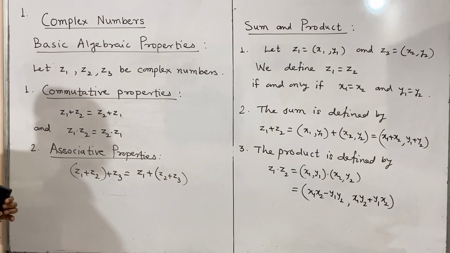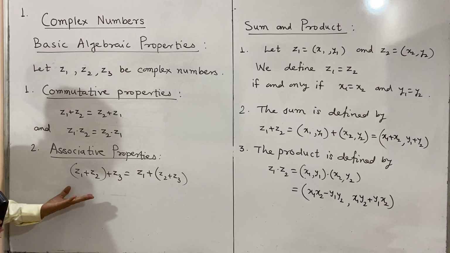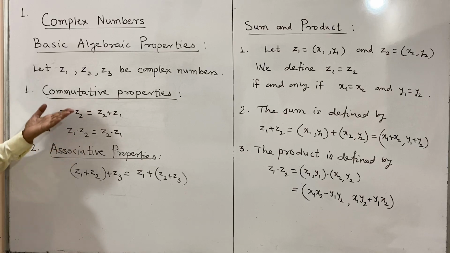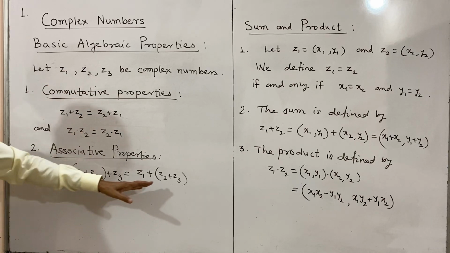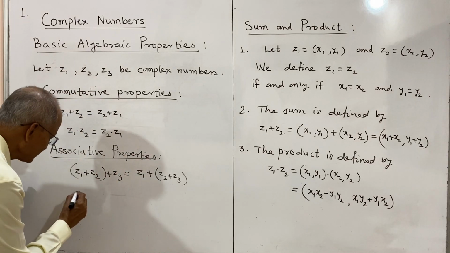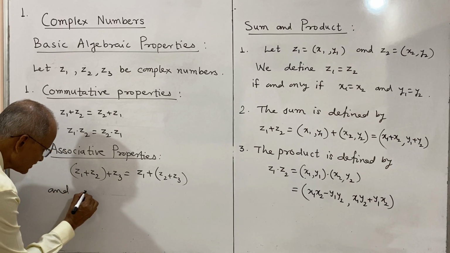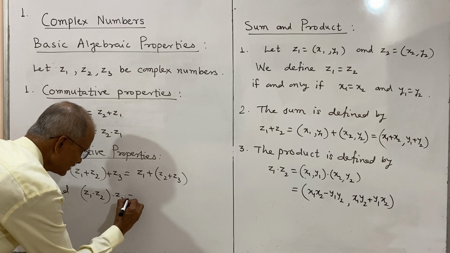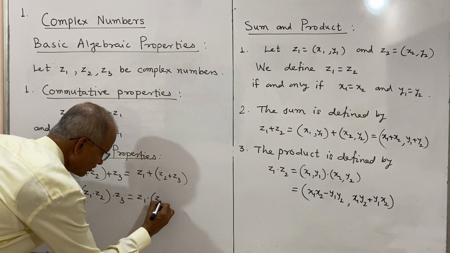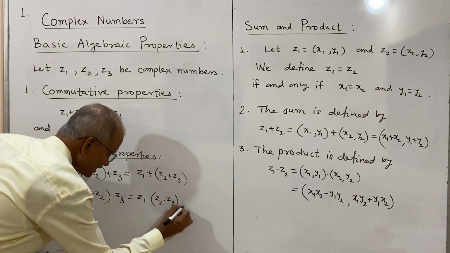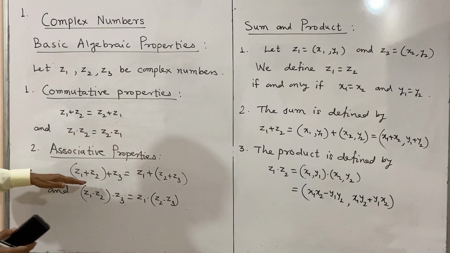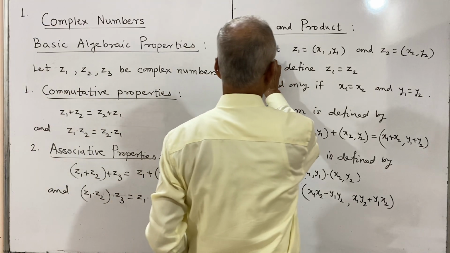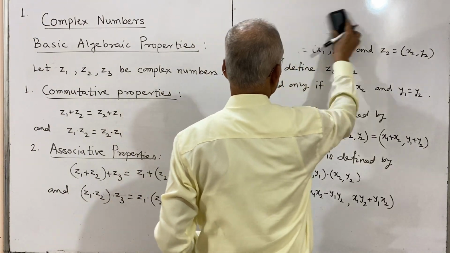So this shows that addition is associative. It is easy to verify. You may take z1, z2, z3 and see both sides are equal. Also (z1 into z2) multiplied by z3 is equal to z1 into (z2 multiplied by z3). So addition and multiplication are associative.